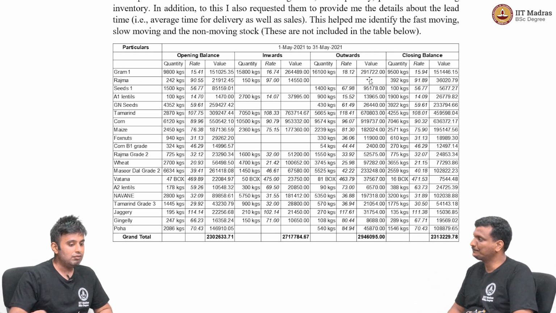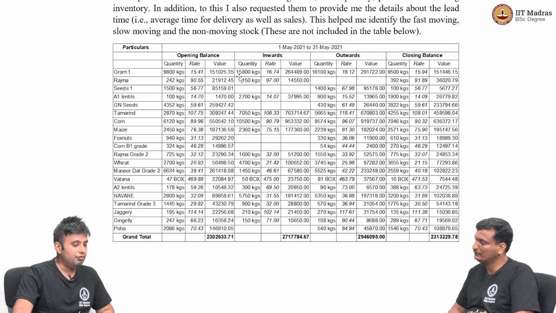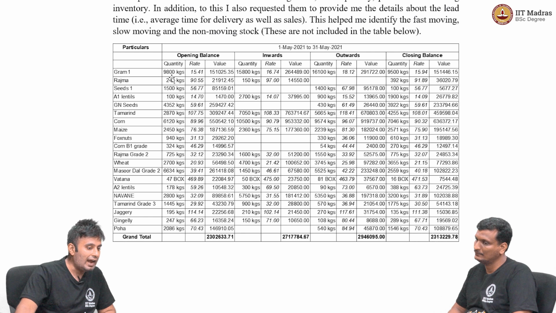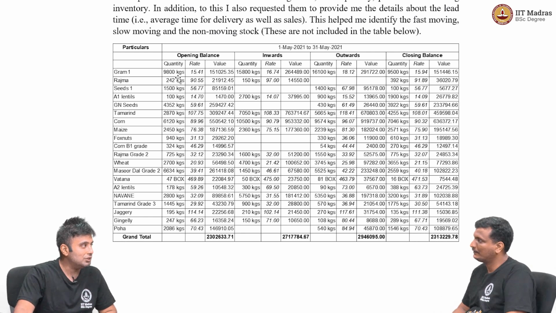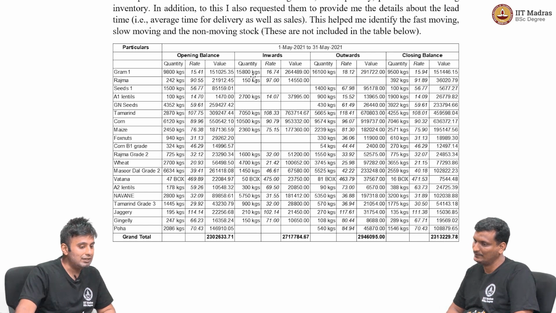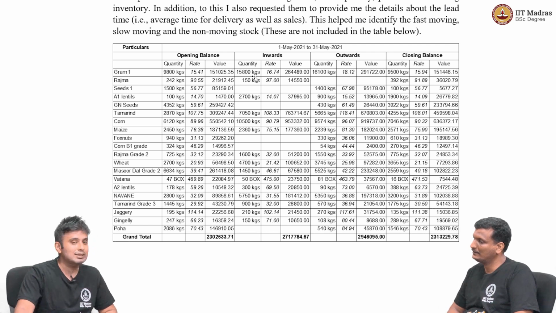Definitely yes. But however, you have to note here that 15,800 kgs was what was being bought. You already had 9,800 in stock. Okay, so when you add 9,800 with 15,800, you typically get something like 25,600. Now out of 25,600, 16,100 is being sold.